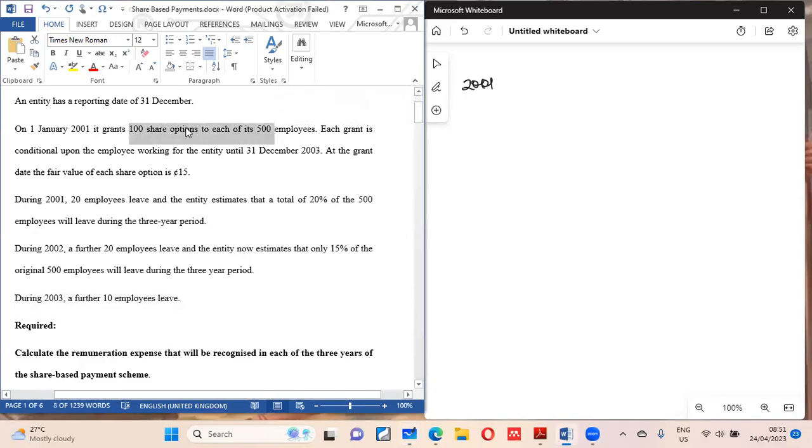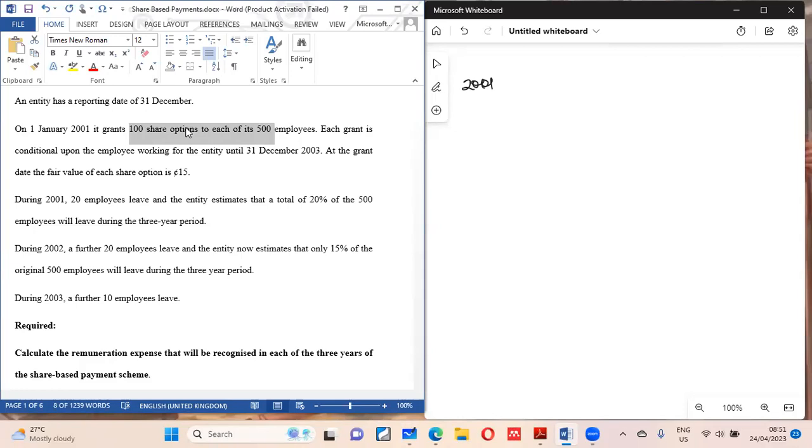And be careful, this is how we are building on it. If you don't get these things from the beginning, it will be very difficult when we move ahead. And we said that up until we get to the vesting period, we will be using estimates. But when we get to the vesting date itself, we don't need estimates because we already know those people who have left, and therefore the number available for the vesting.